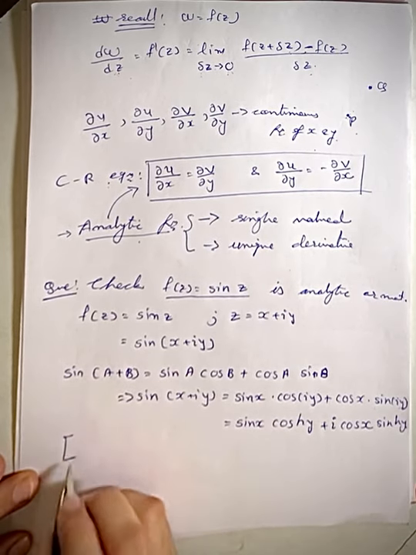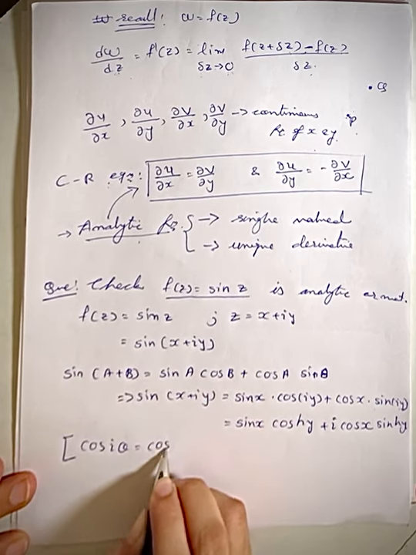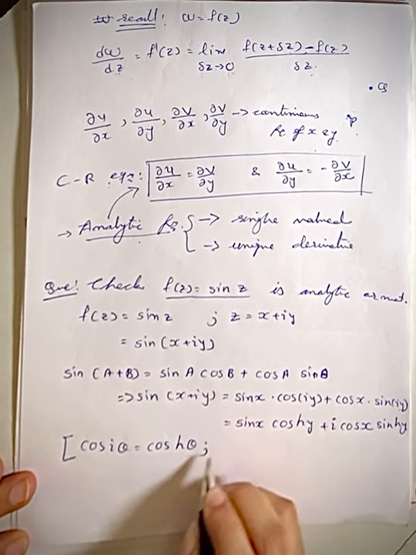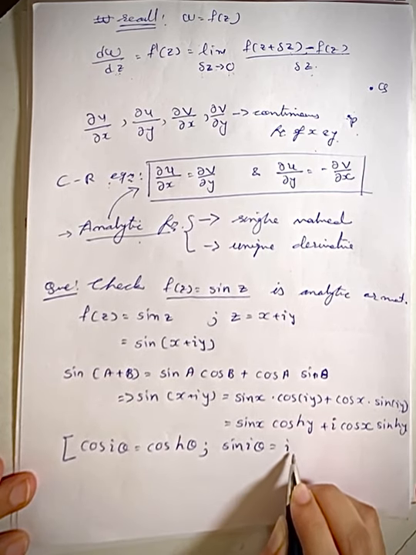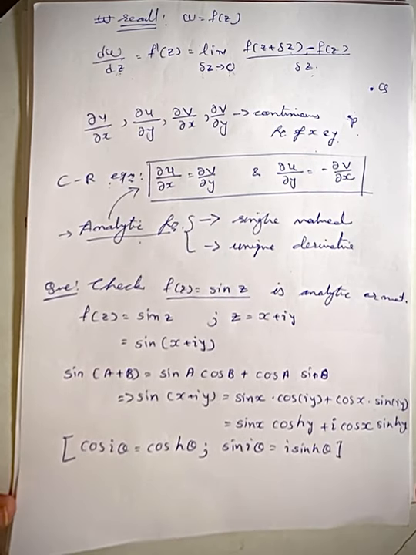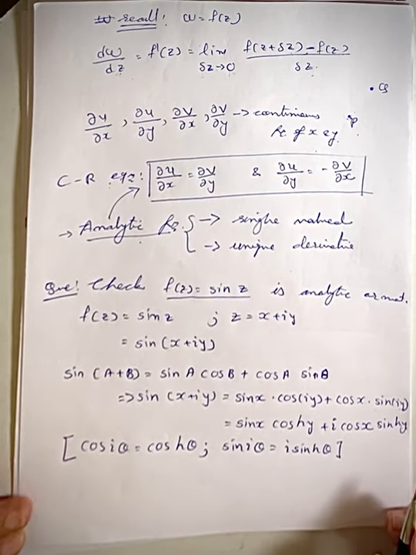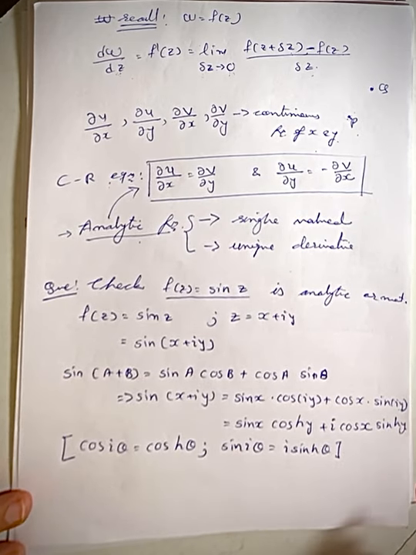I hope you know that cos i theta is equal to cos hyperbolic theta, and sin i theta is i times sin hyperbolic theta. This is the definition, so that's how we write it, and this is what we have now.